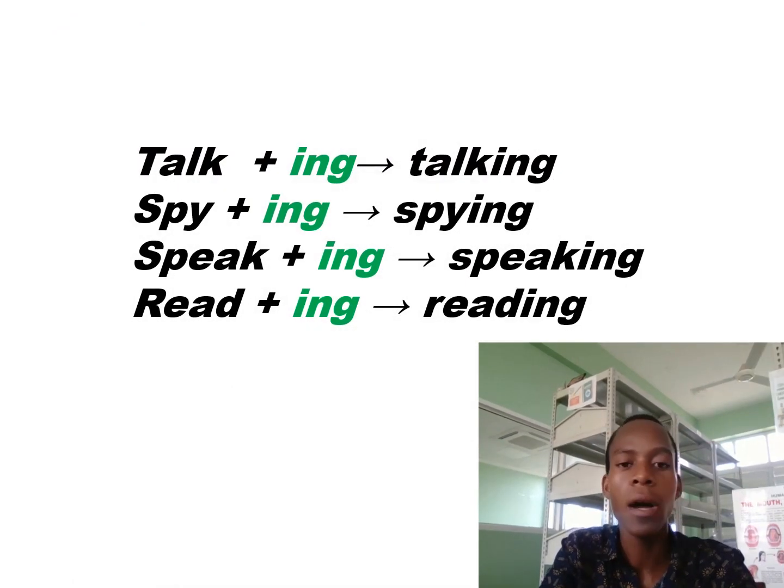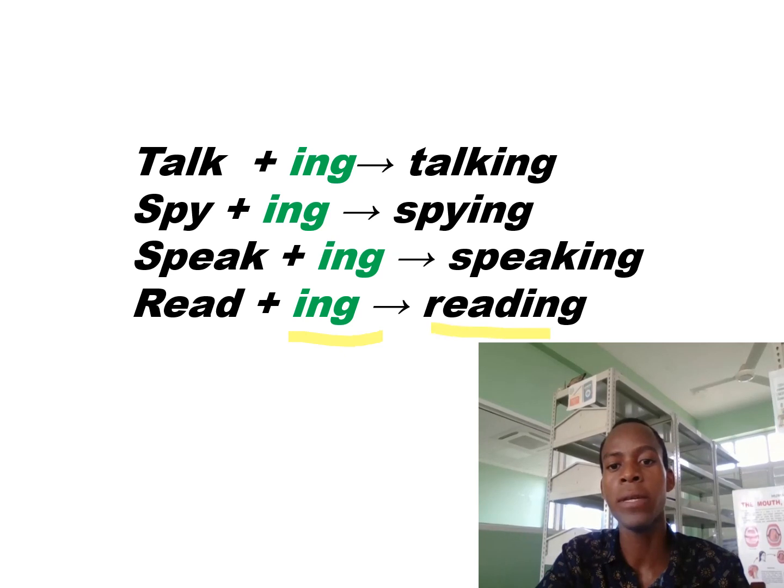We have talk. When we add ing to the word talk, we have talking; spy, spying; speak, speaking; and the other verb like read, reading. This ing added to the word reading makes it a present participle.